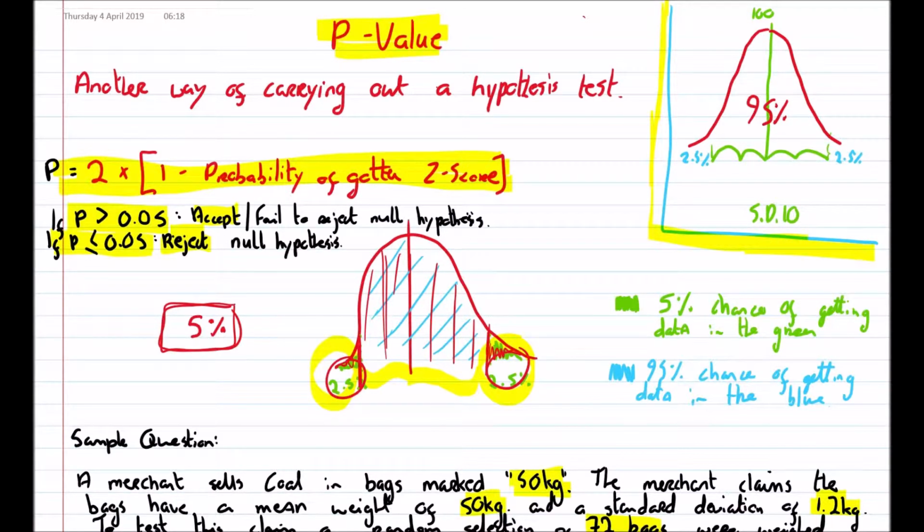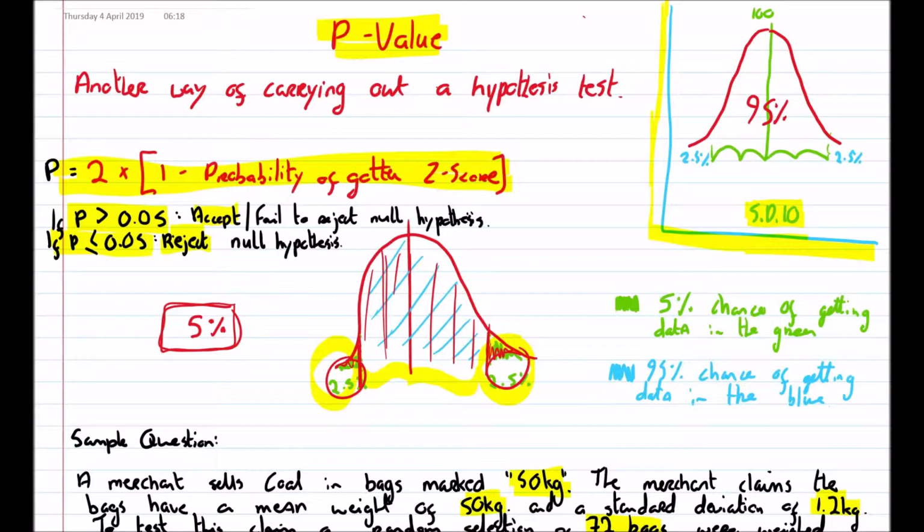Right, so we have a normal distribution with a mean of 100. Let's just say this is a sweet shop, and the sweet shop do these penny sweets. Okay, I'm probably showing my age now, saying penny sweets, but all these little jellies. And they say that each bag of jellies has a mean amount of sweets of 100. And there is a standard deviation of 10, so they're not going to count them all perfectly.